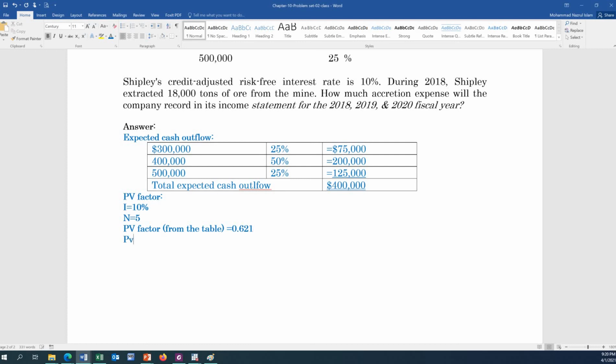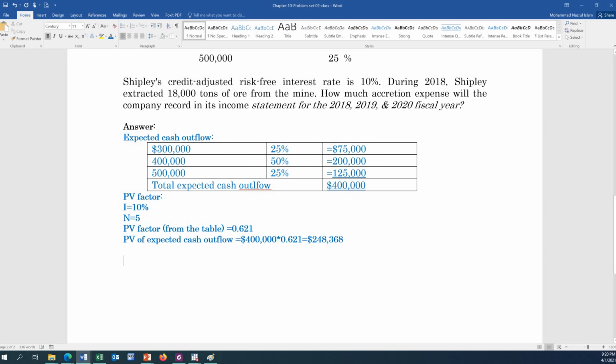So the present value of the expected cash outflow is equal to 400,000 multiplied by 0.621, which is equal to 248,368.